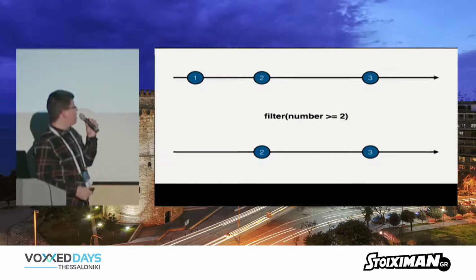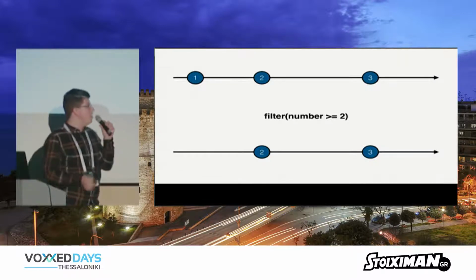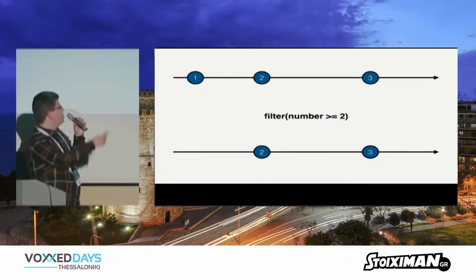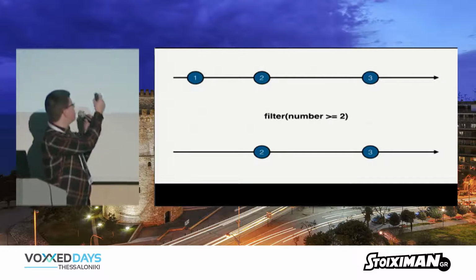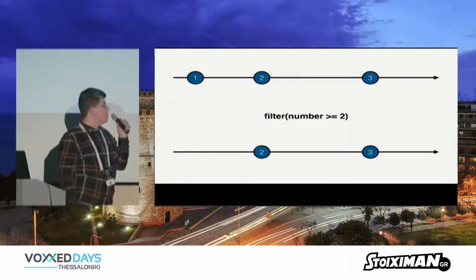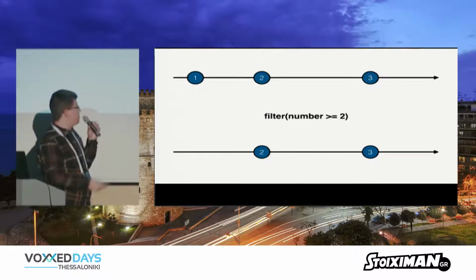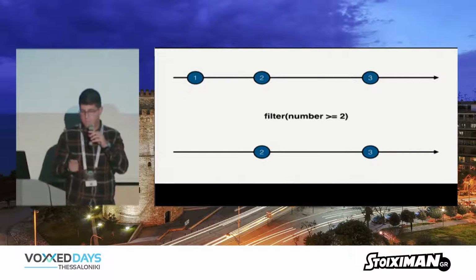Here we are saying: give me all numbers inside the buffers that are larger than or equal to 2. So our first buffer will stay, the second one also, but the third one has the number 1, so it will disappear. And this is our final stream after our simple transformations.